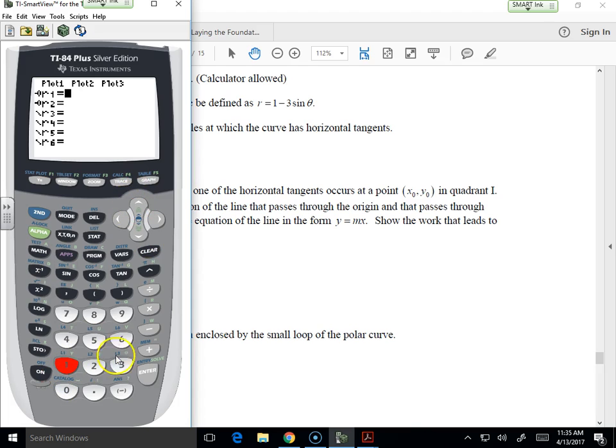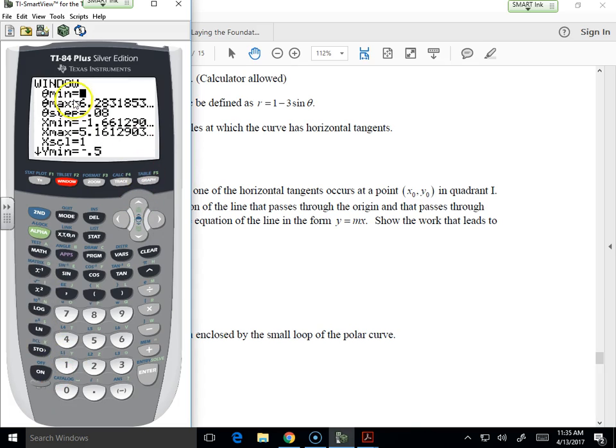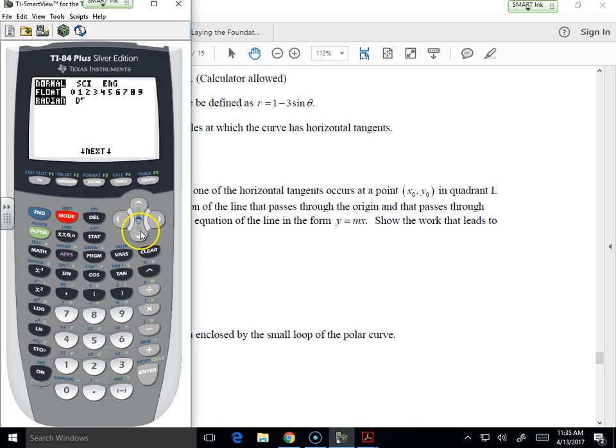Right? So couldn't we just graph the 1 minus 3 sine theta, and couldn't we put theta as our bounds? Couldn't we make our window just 0 to 2 pi? Oh, look, that's my theta min, theta max. Function mode. Granted, some of you guys have been using your calculators to find intersections, but others haven't.